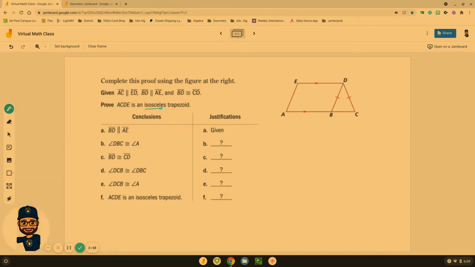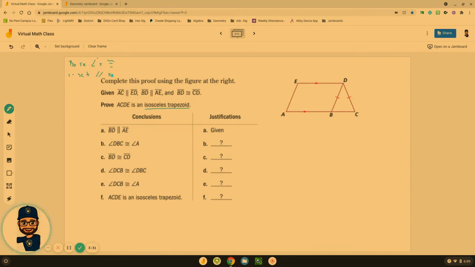So here's what we're trying to prove, that it's an isosceles trapezoid. Therefore, what do we need to show on this quadrilateral? Two pieces. Remember, we need to show base angles are congruent, and one set of parallel sides.